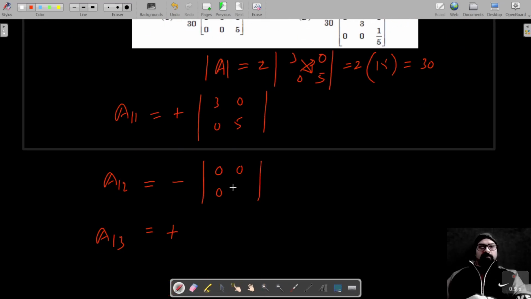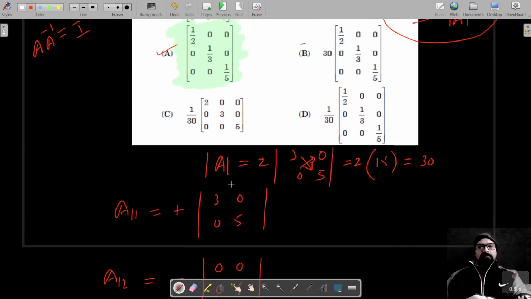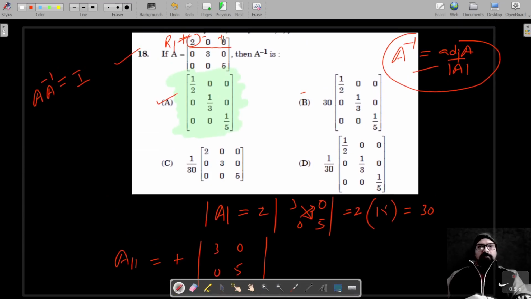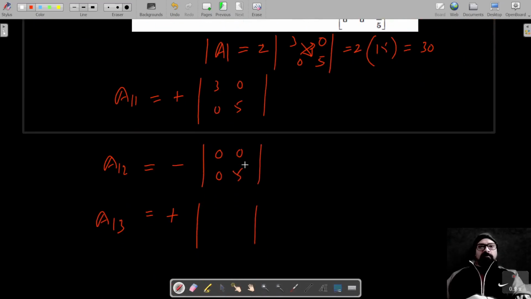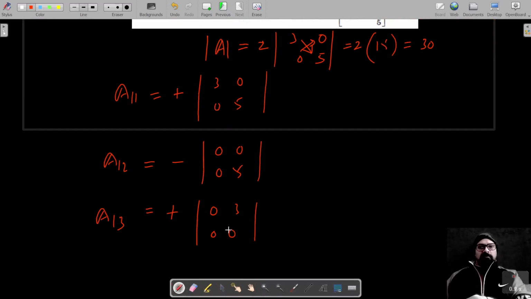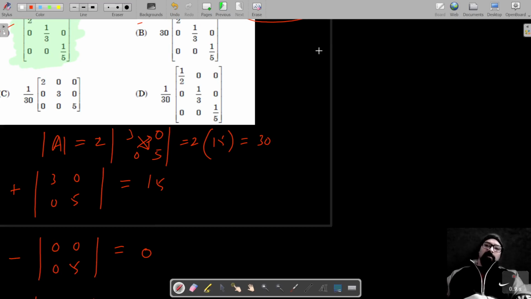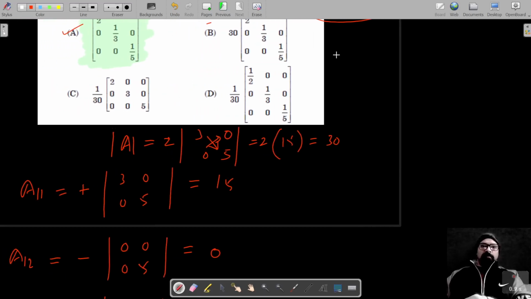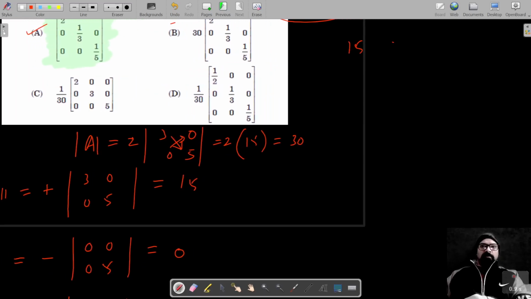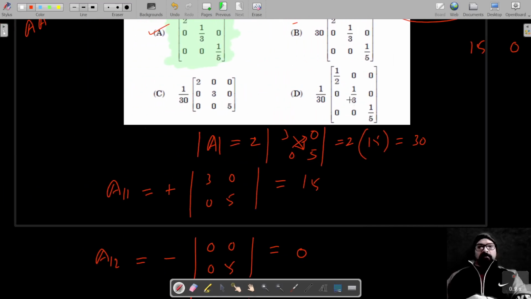For A13, removing the row and the column gives 0300. So 5 threes are 15, then 0, 0 into 5 is 0, and this is again 0. Our cofactor matrix starts with 15, 0, 0.